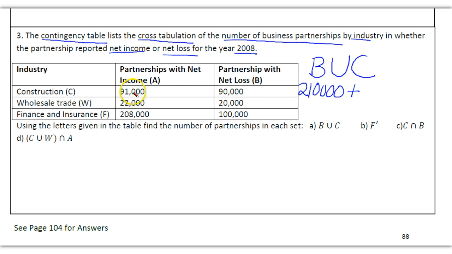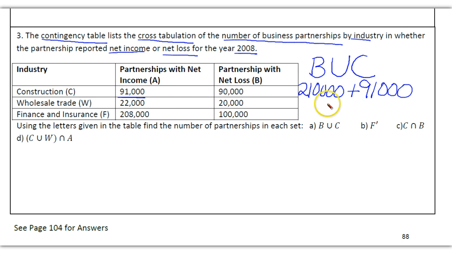And letter C now, we have to bring these two together, but since we already included this in B column, we're only going to add this part of C. So we're not adding this again, just this.